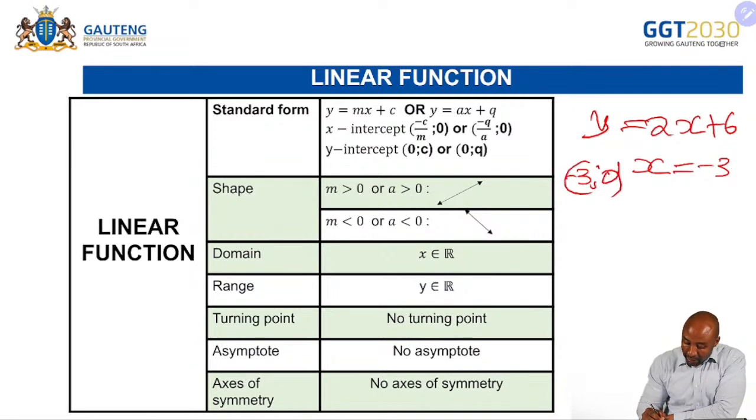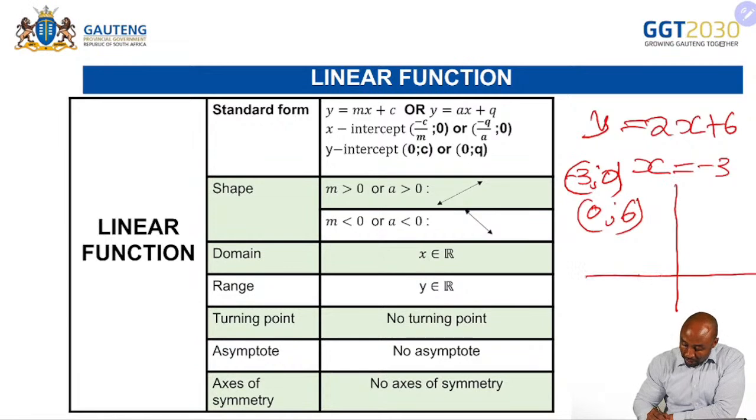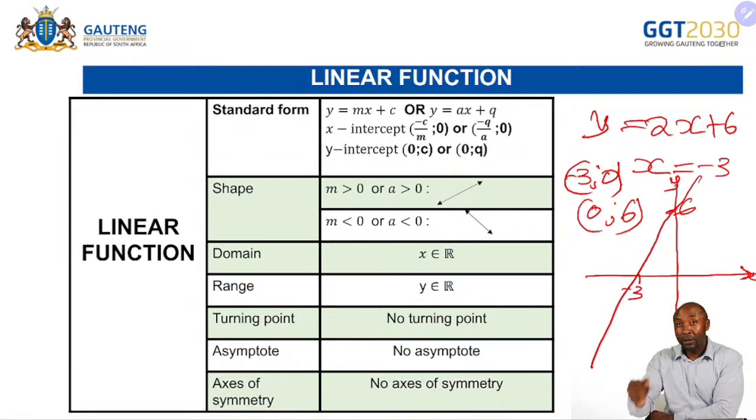To get our y-intercept, you substitute x as 0, and we'll get our y-intercept as 0 and 6. And we are able to quickly do the sketch of the function. Negative 3 will be somewhere there, and our 6 is on the positive side of our y values. From there, the gradient is positive, you just join, and then you have your straight line function.